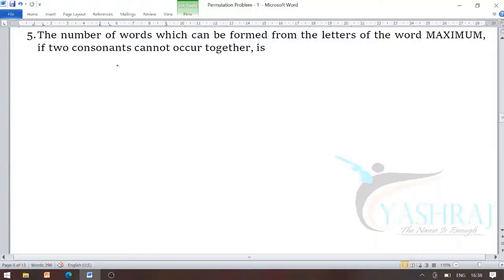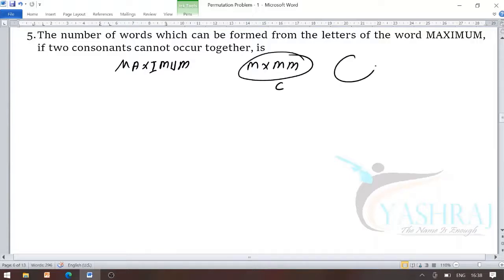Actually, I will first write the word MAXIMUM. So which are the consonants here? M, X, M, M, those are the consonants, while A, I and U are the vowels.